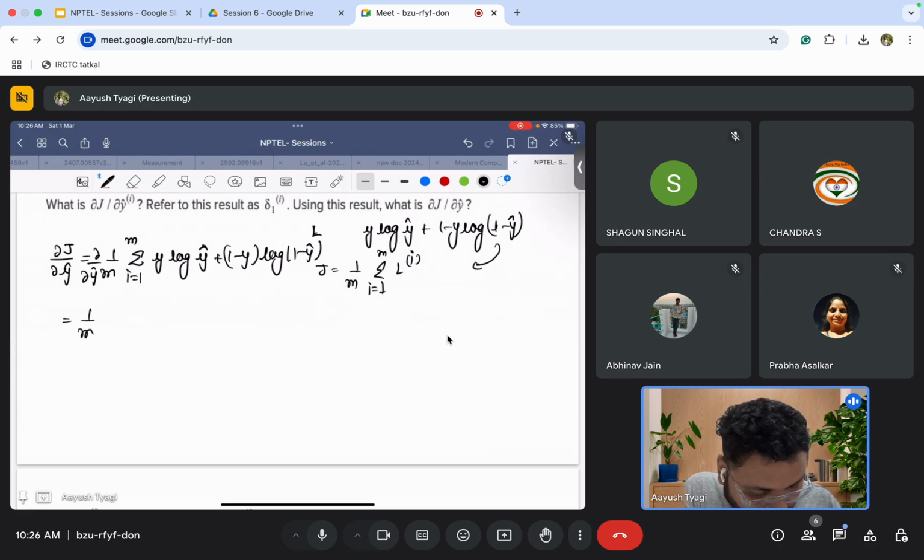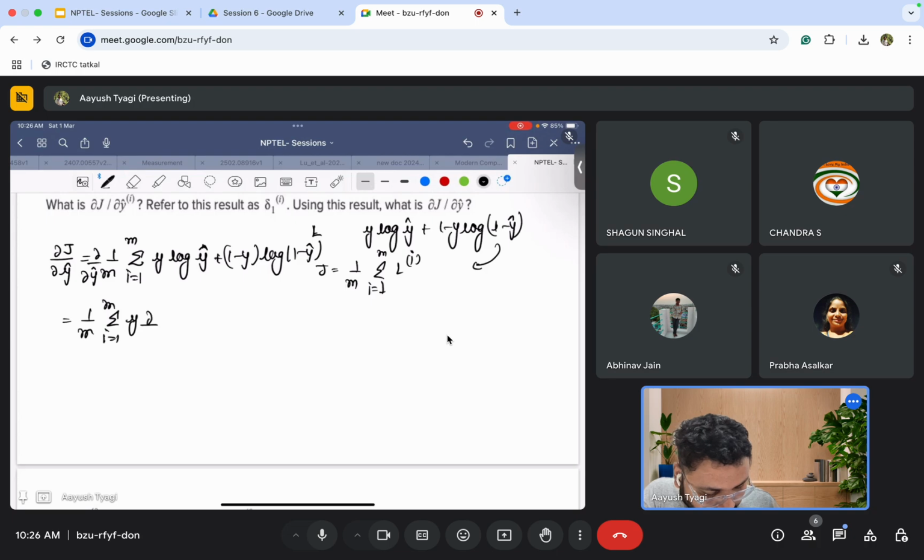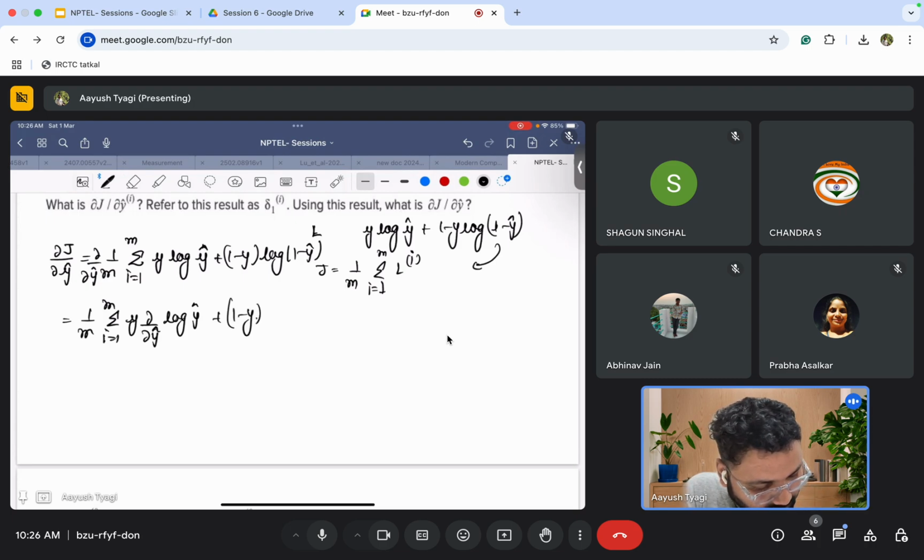This can move out. Y log of y hat plus 1 minus y can also move out, log of 1 minus y hat, right?